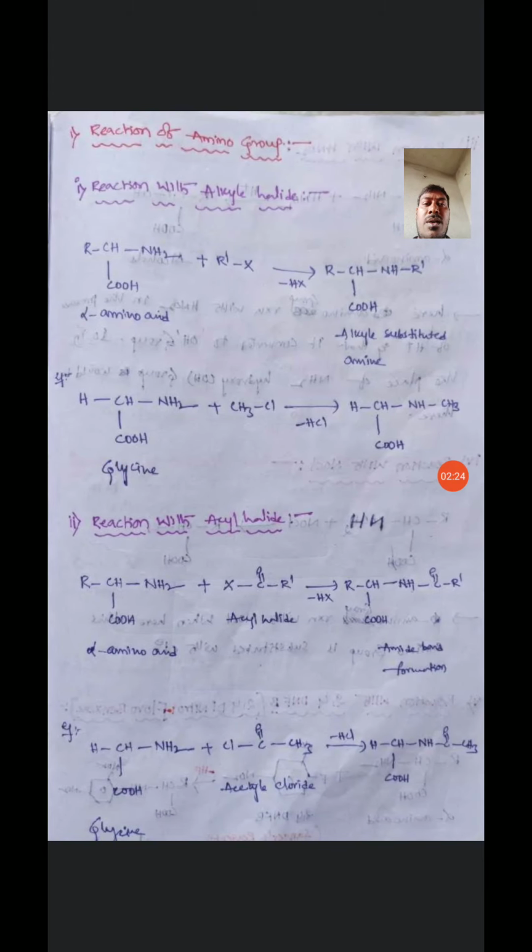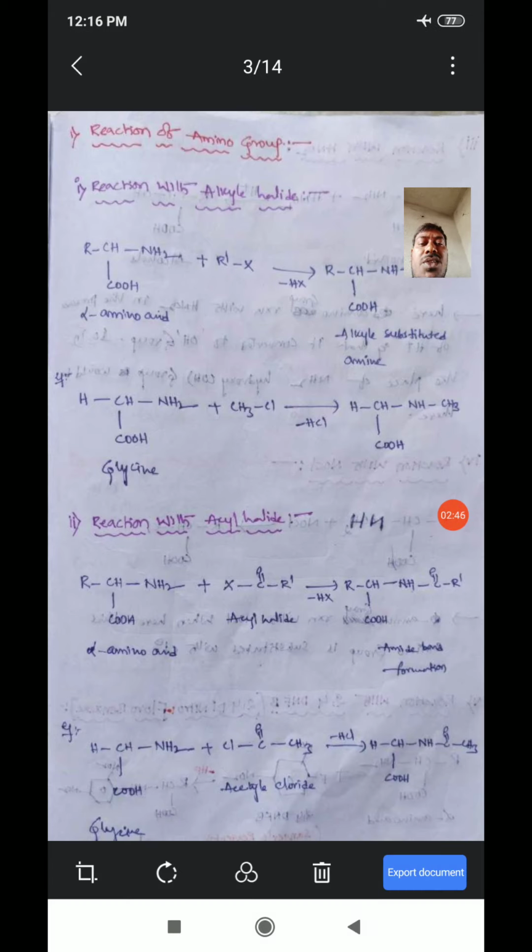First, reactions of the amino group. Here we are discussing the reaction with alkyl halide. Alpha amino acid RCHNH2COOH reacts with R dash X, that is, alkyl halide, with loss of HX.